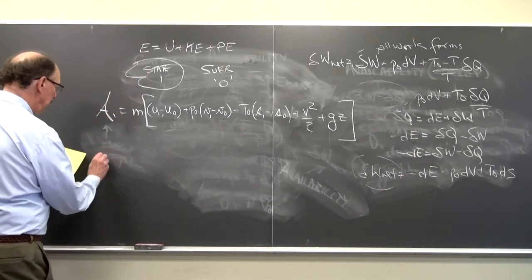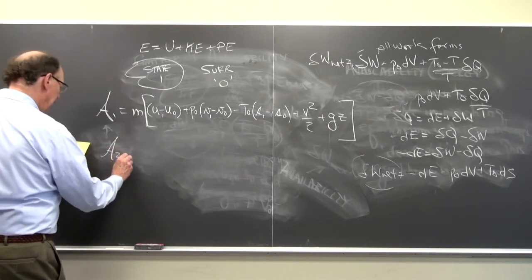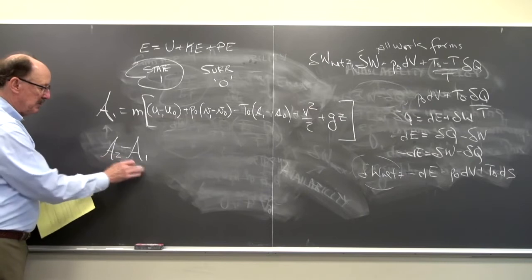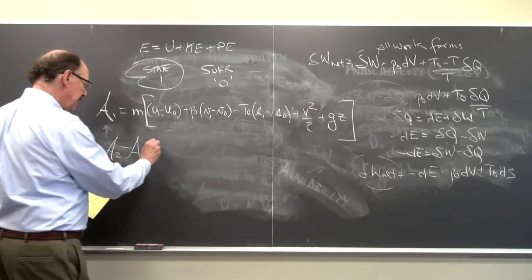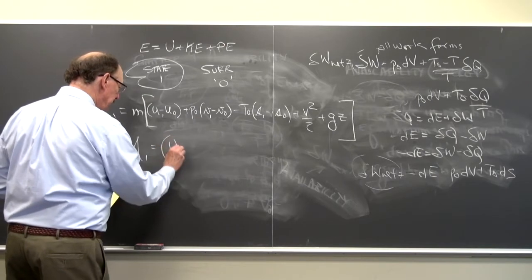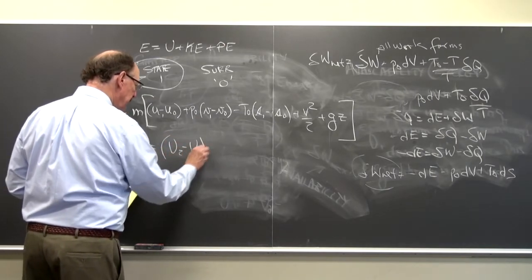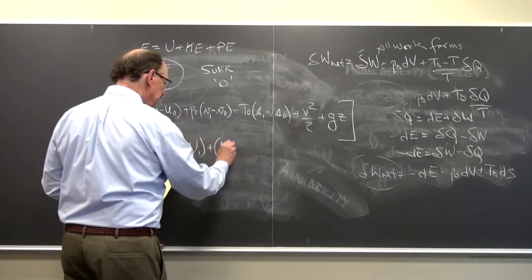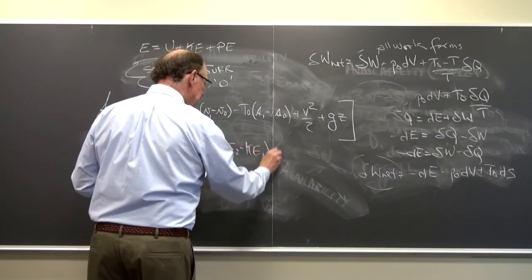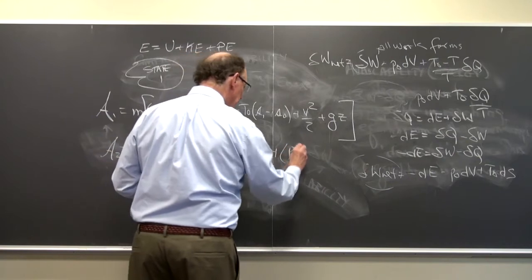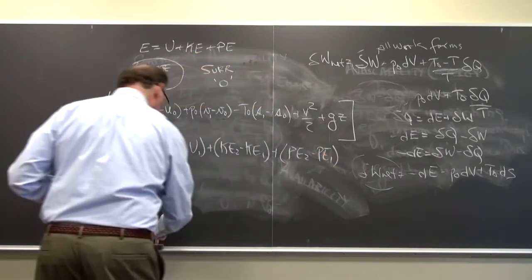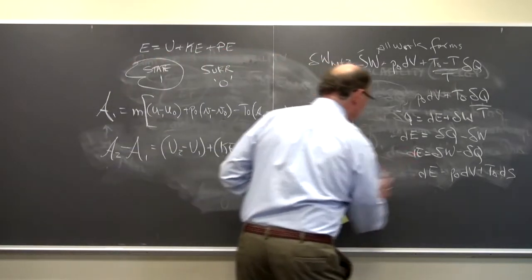So now, if we look at the difference in work potential as we go from one state to another state, it's equal to the change of internal energy plus the change of kinetic energy plus the change of potential energy, and it keeps going.